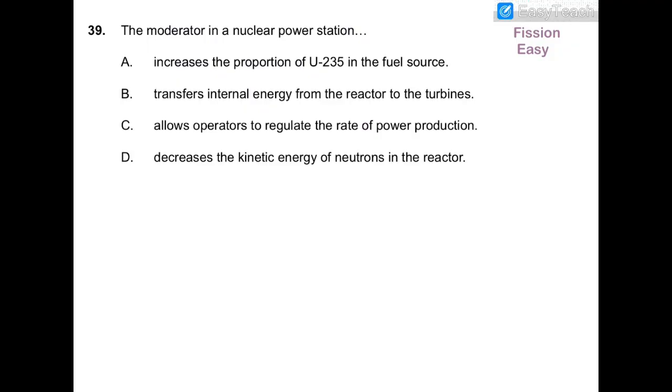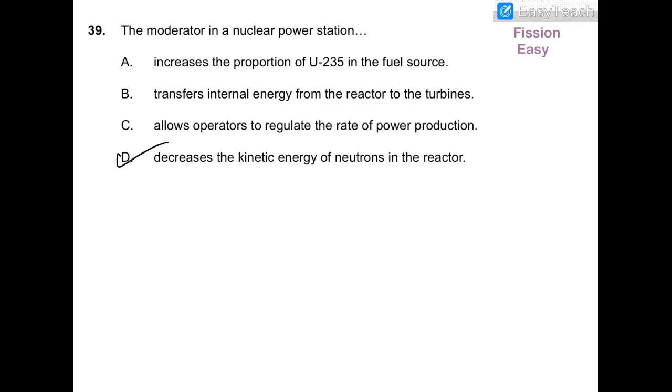The moderator in the nuclear power station, what does it do? Option A says that it increases the proportion of U-235 in fuel source, transfers the internal energy of reactor to the turbines, allows operators to regulate the rate of power production, and decrease the kinetic energy of neutrons in reactor.